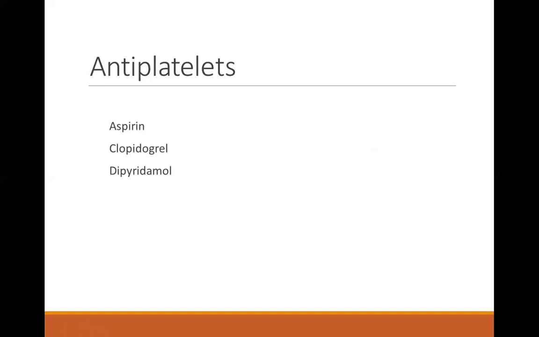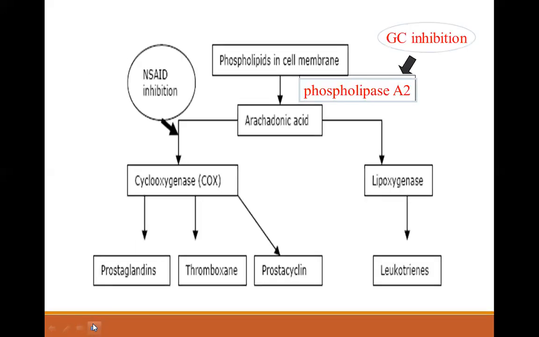Then we will talk about antiplatelets. Aspirin, clopidogrel, and dipyridamole are included in that drug class. You may have learned in other lessons how the cell membrane produces different components.